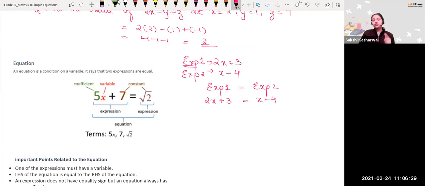See, in the expression, there is no equal to sign. When you are going to write the equation, there will always be an equal to sign. In the equal to sign, you can have this side.